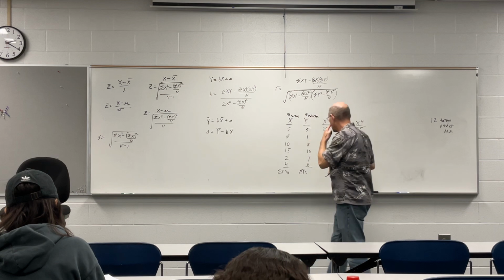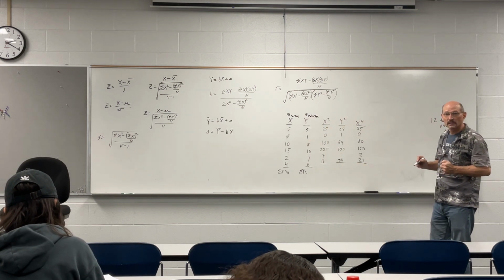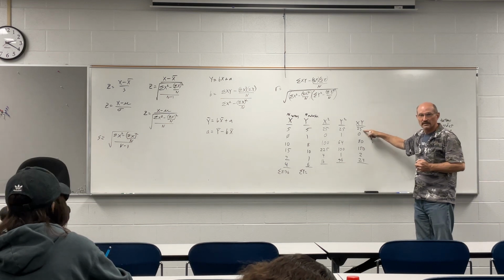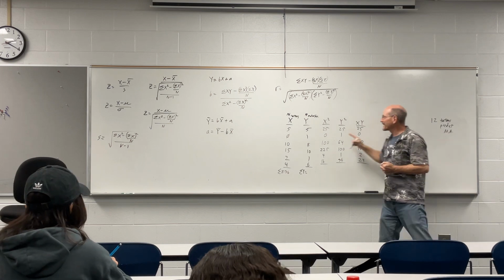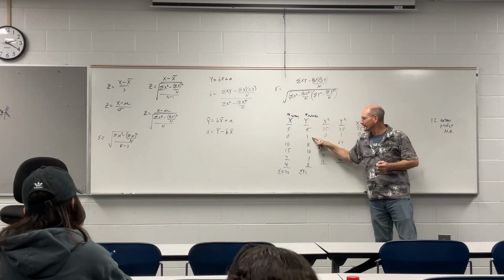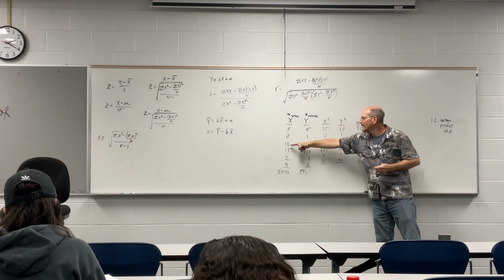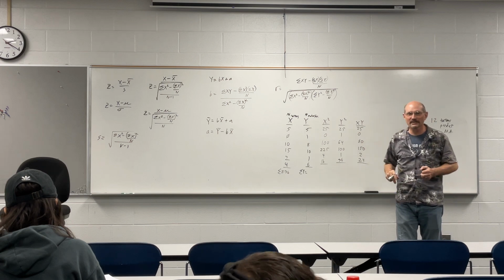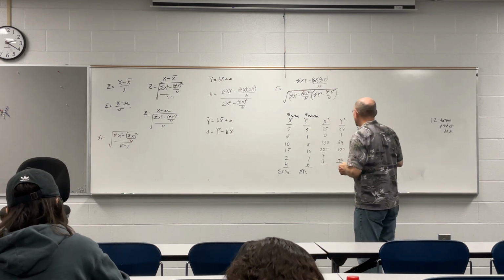So how did you get XY? XY comes from multiplying the X term times the Y term, all the way across. So 5 times 5 is 25, just like it was 5 squared, 5 squared. 10 times 8 is 80, 15 times 10, 150, 2 times 1 is 2, 4 times 6 is 24.